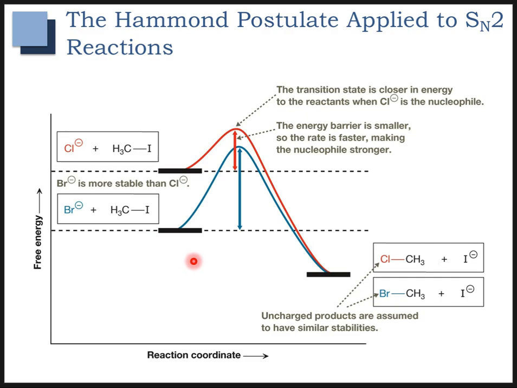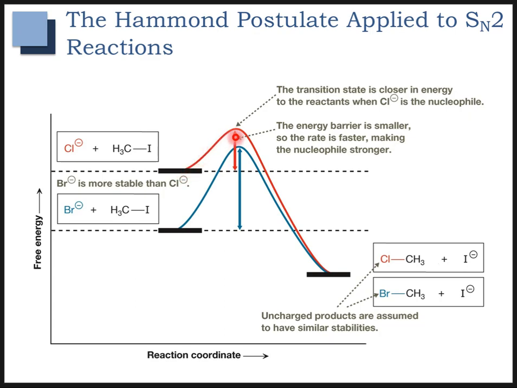So if we're looking at these different types of reactions, you can see here that when you have a better nucleophile, you are going to have a better reaction. So if we're looking at the Hammond postulate and how this is going to correspond, right? In both of these situations, the transition state is closer in energy to the reactants, okay?